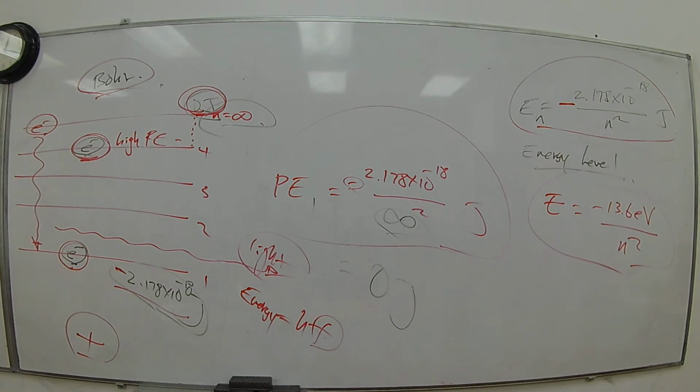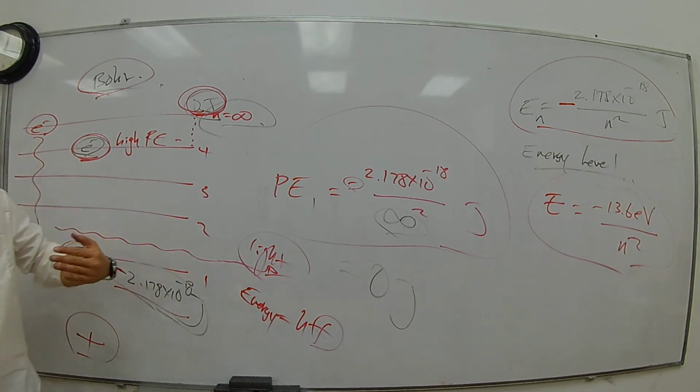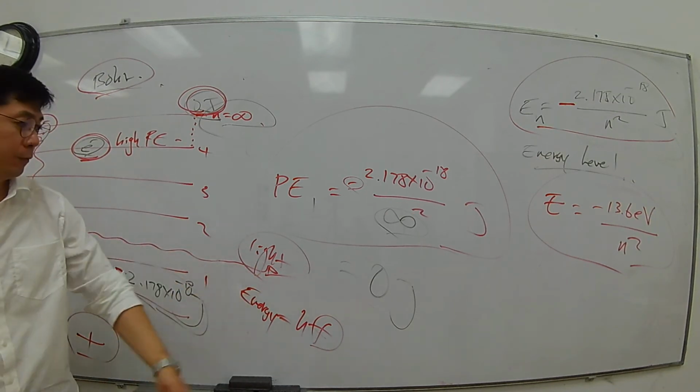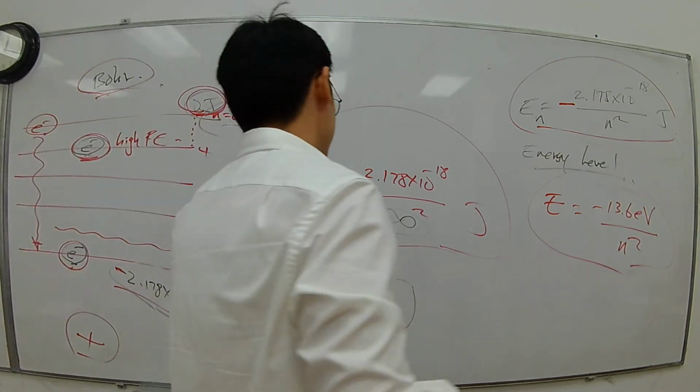So basically, Bohr was able to figure out the equation. That's what he did. He excited the electron, made it come down, and figured out what energy comes out, what light comes out, and was able to figure out the frequency of them.